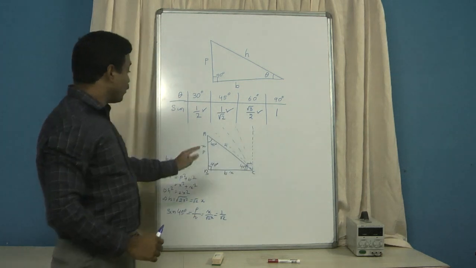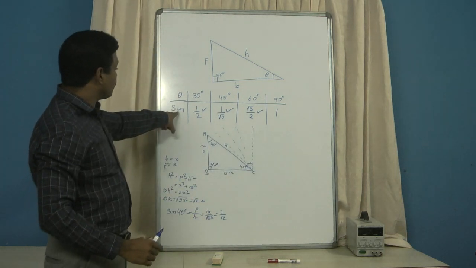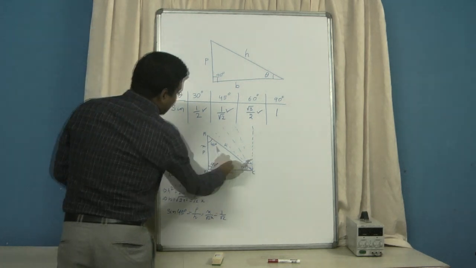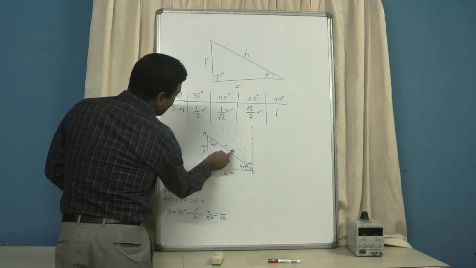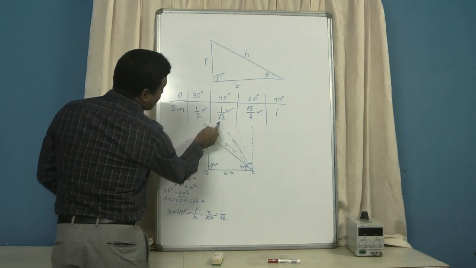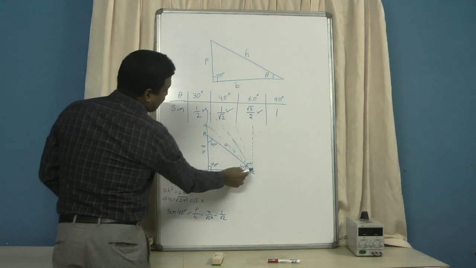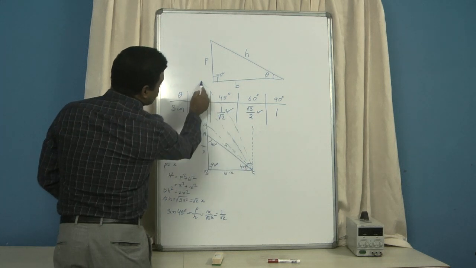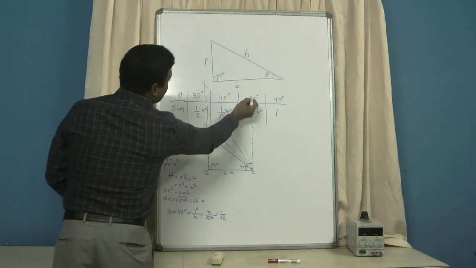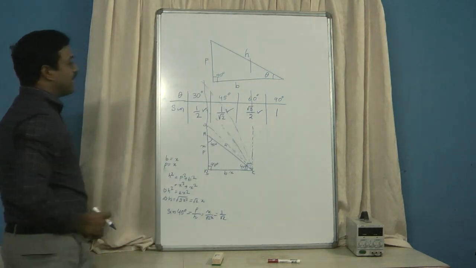At that point we would like to find what's the value of sine. So if you consider this small increase in angle, then this line may meet here. If you consider this one, then it may meet here. Likewise, if you consider this one, it may reach here. And if you consider this line, it will go and meet at infinity.